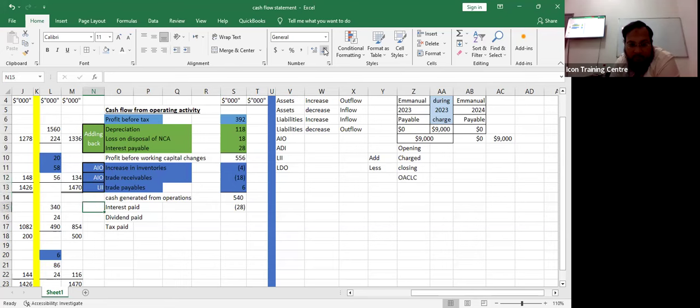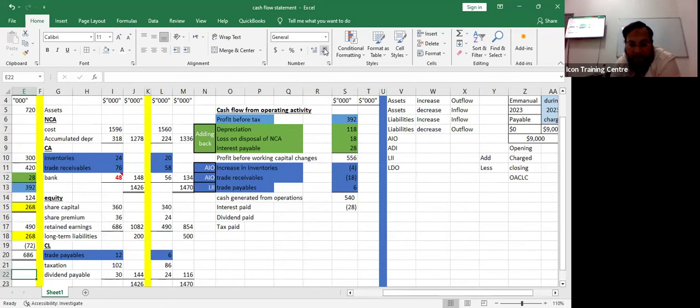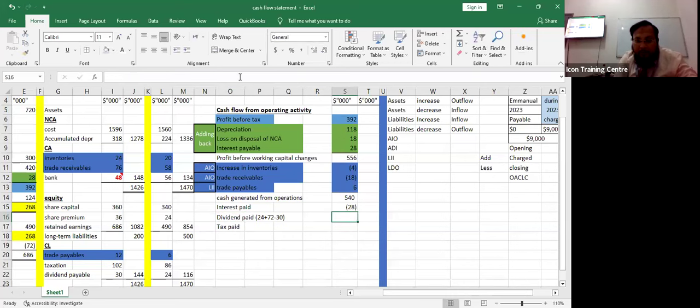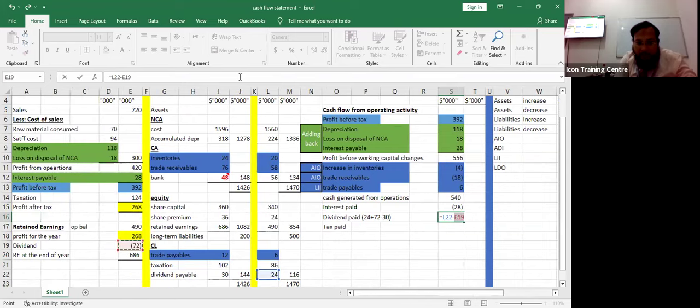So, brother, what is the opening balance in the dividend? It's 24. I should write it. So it will be 24 plus 72 minus 30. Because the value is in the minus, that's why I'm putting minus, otherwise it is plus. So don't get confused, okay?